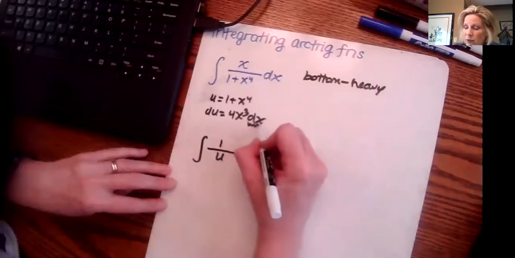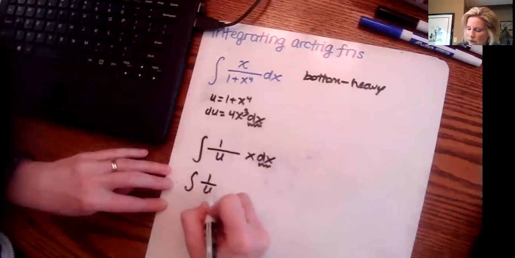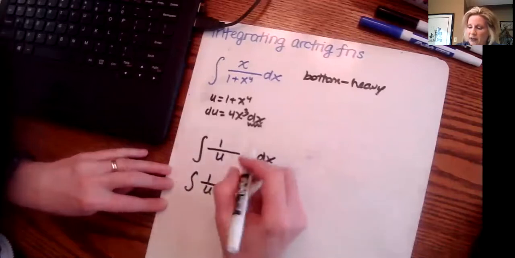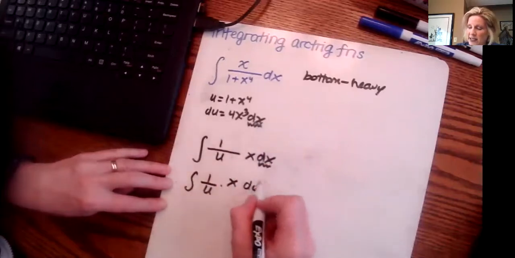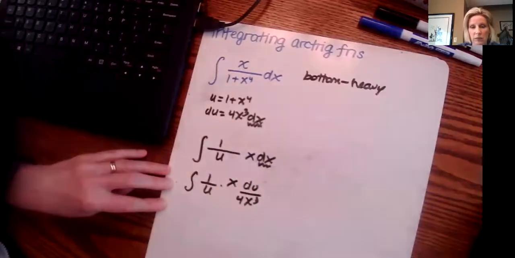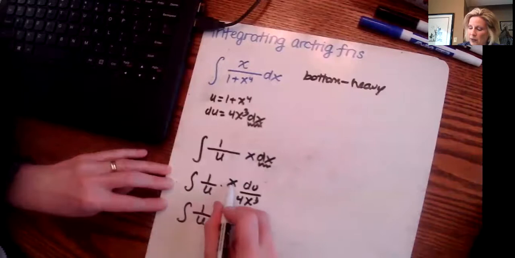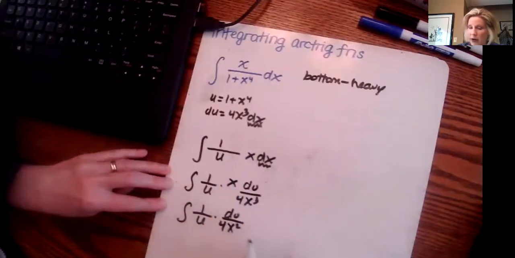Let's suppose I try to replace the dx only. I'll leave the x here. Dx, I'll say, is du over 4x cubed. Well, then I'll have 1 over u, and I'll have du over x and 4x cubed. I can reduce to 4x squared.